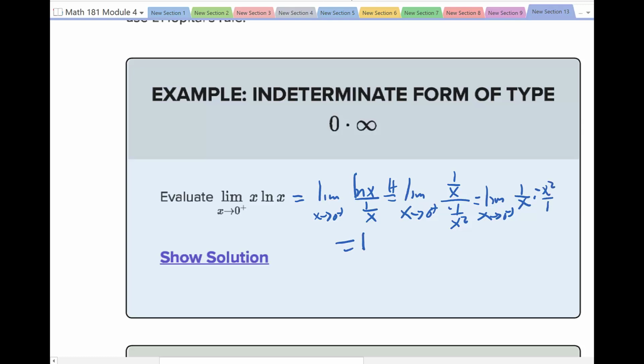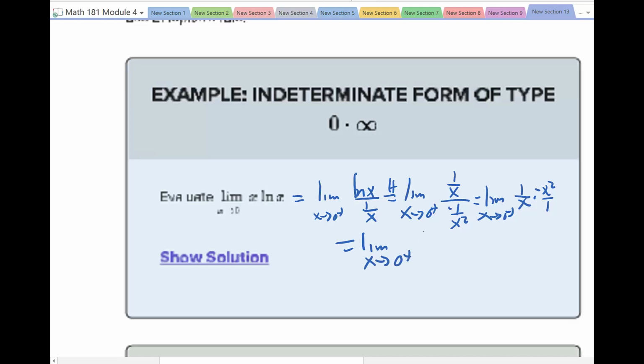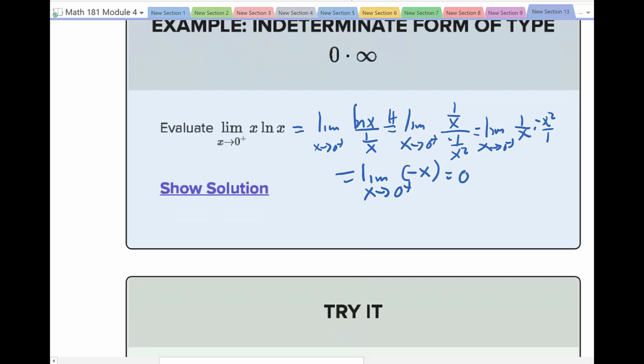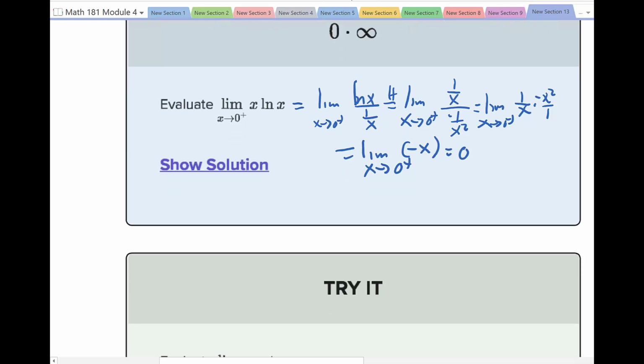So we have the limit as x goes to 0 from the right side of negative x squared over x, so that's just negative x, and that's going to be 0. So we're all good there. It's a 0 times infinity situation, and it comes out to be 0.